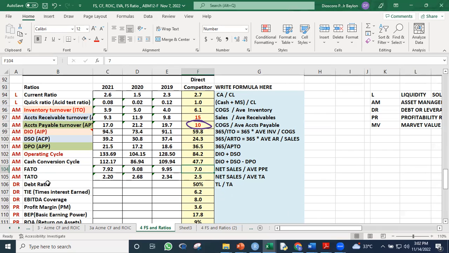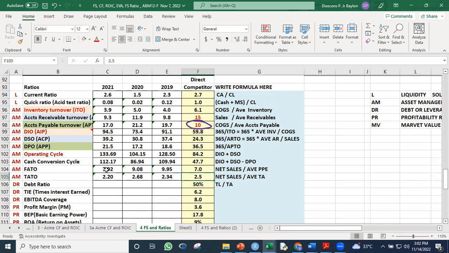The only difference is that this is measured with respect to total assets, while the other one is with respect to 1 peso of fixed assets. So the TATO will always be lower than your FATO. Kasi ang divisor natin sa TATO, lahat ng assets. Sa FATO, yung fixed assets lang. Alright?